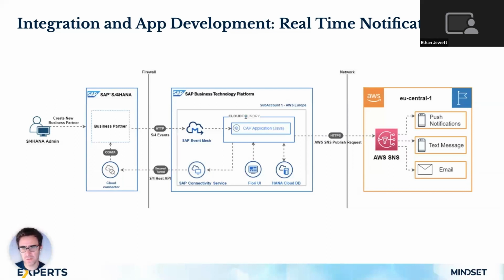So this one's focused on using the built-in S4HANA events, the BTP event mesh, and then propagating those events out to AWS's simple notification service in order to publish those notifications to devices. So basically just focused on how do we get multi-channel communication working using the enterprise standard communication framework, right?